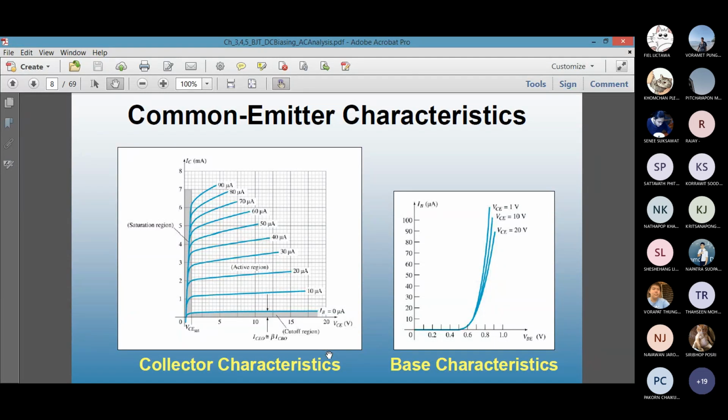Which one is the output side graph? You can take some time to see and analyze the information given to you.